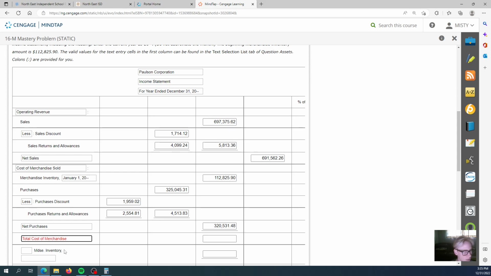Nope, doesn't like that for some reason. Merchandise available for sale. Nope. Oh, okay, I see. I'm checking my cheat sheet here, and it wants me to just put in an abbreviation for merchandise. Okay. Total cost of merchandise available for sale.